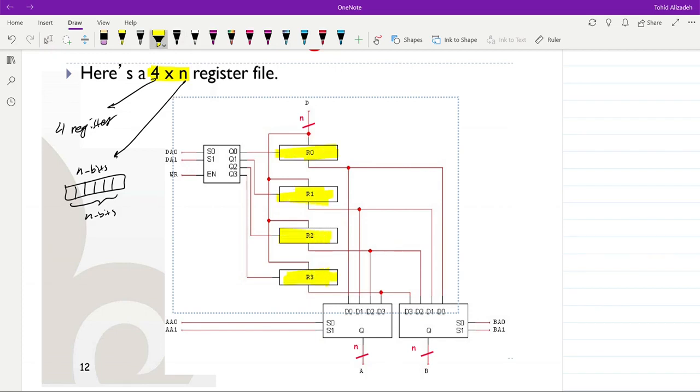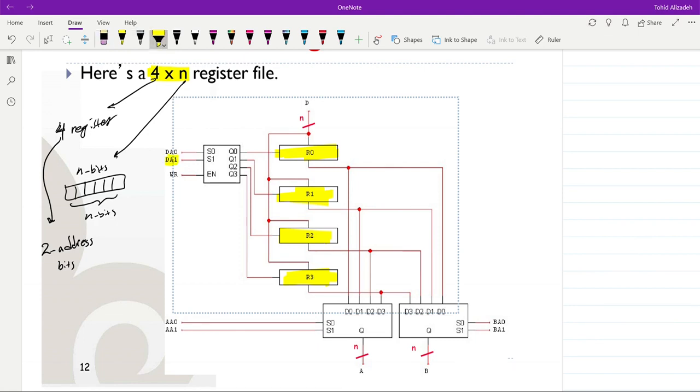And then in order to have access to these 4 registers, we need to use 2 address lines or address bits. Our address line should include 2 bits, and that's what you see here.